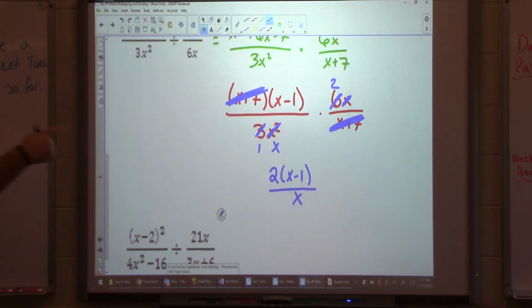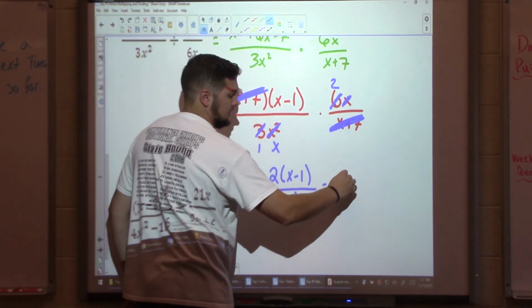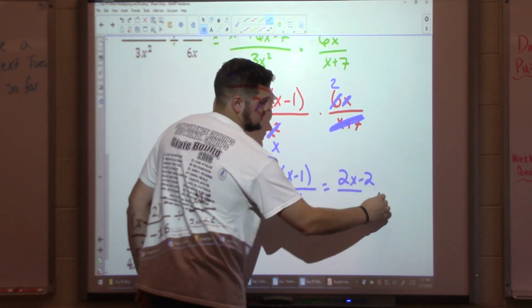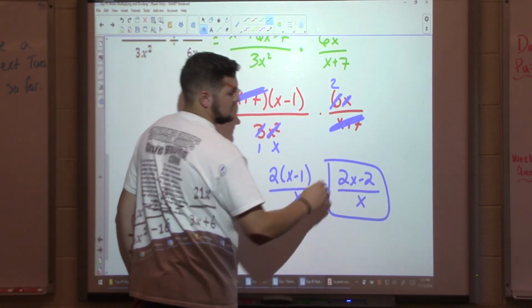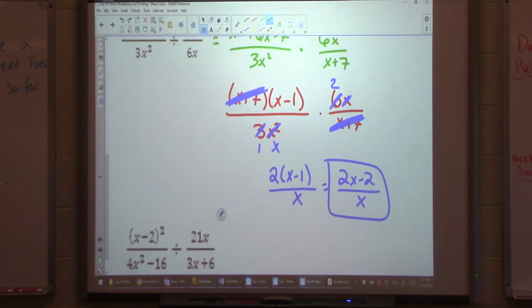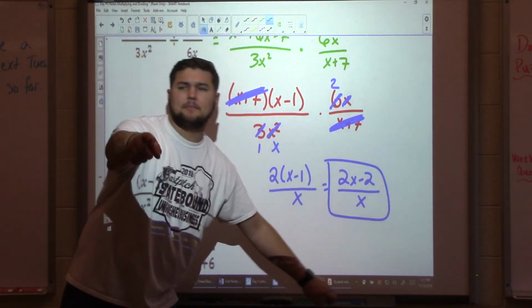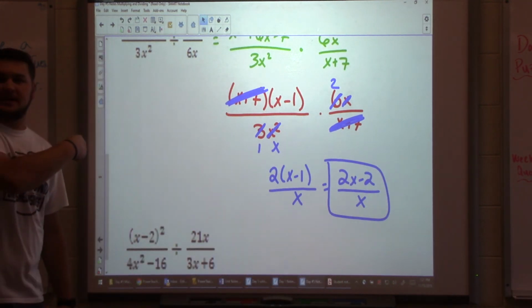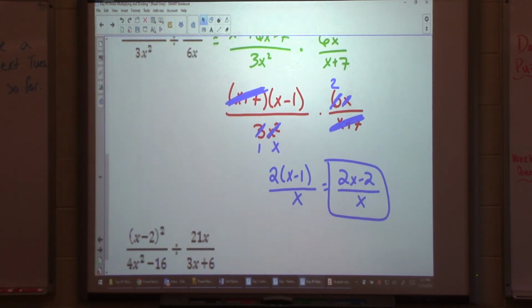I like the cleaner look, so I distribute the 2 throughout: 2x minus 2 over x. How do we feel? Do you feel comfortable or do you want to try the next one on your own? Okay, do the next one on your own. You do it on your paper, and I'll do it on my paper, and we'll compare answers.